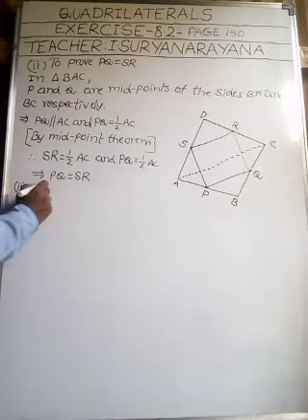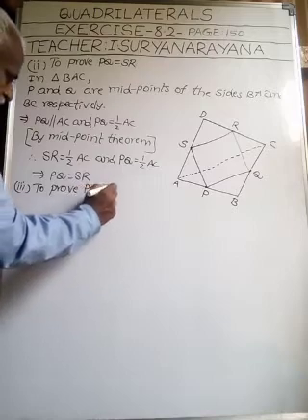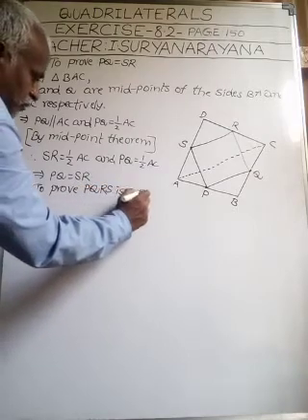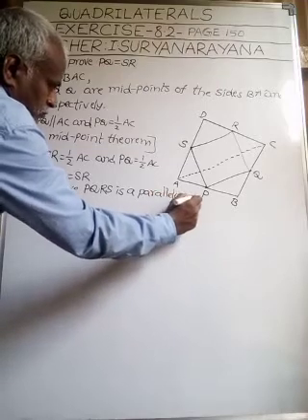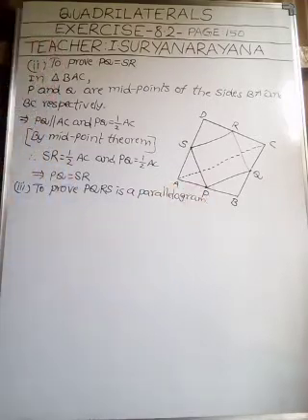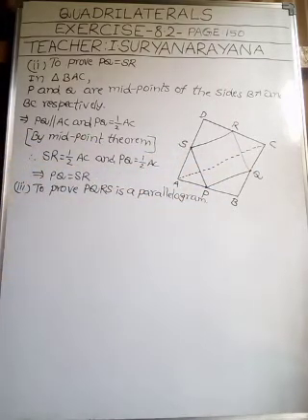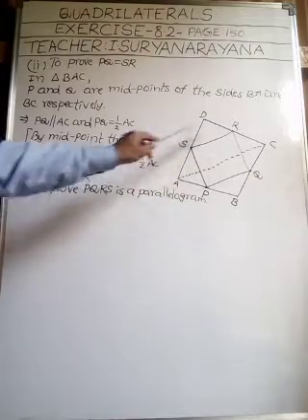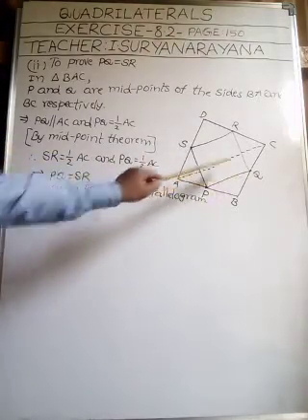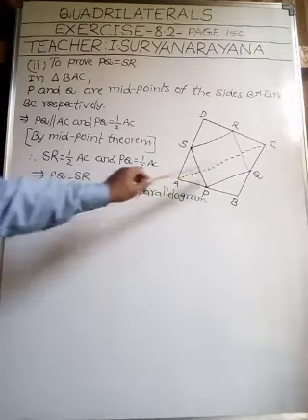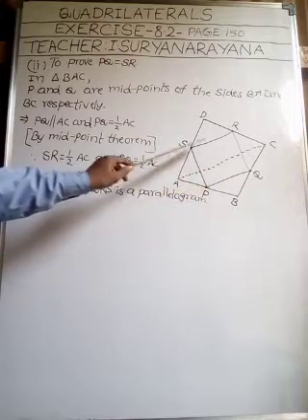To prove PQRS is a parallelogram, we have to prove that this quadrilateral PQRS is a parallelogram. We have proved that PQ is parallel to AC, and AC is parallel to SR, and these two are also equal.